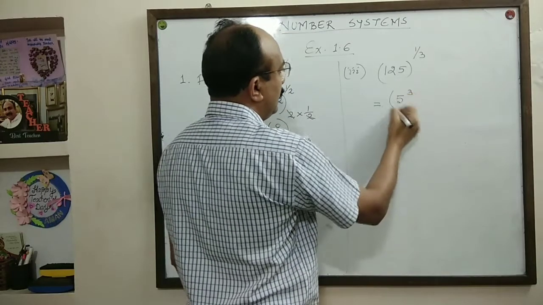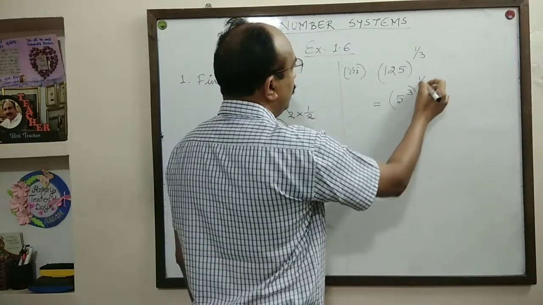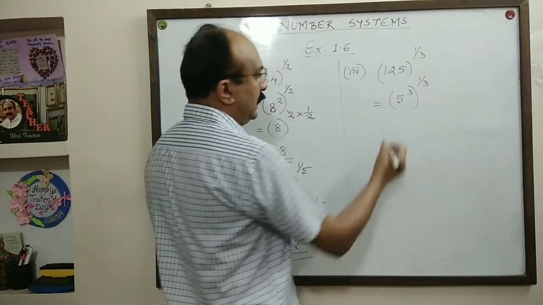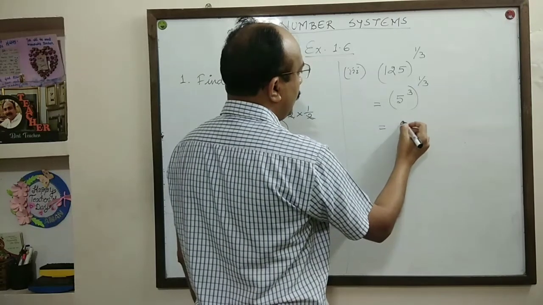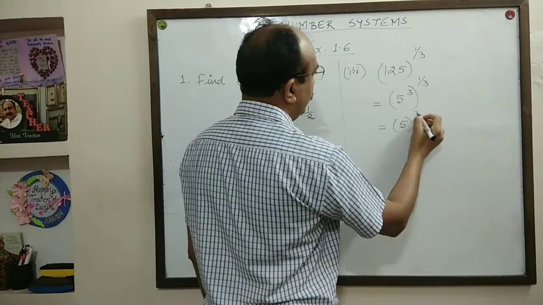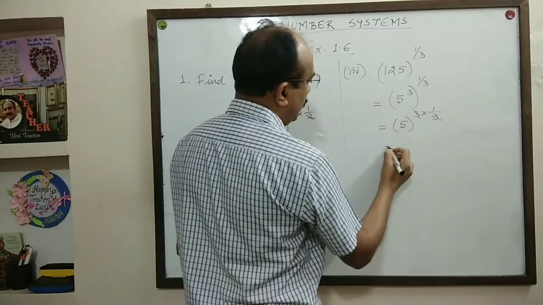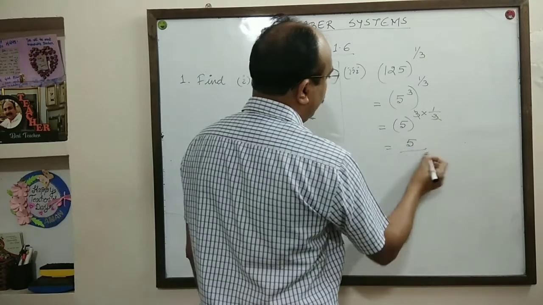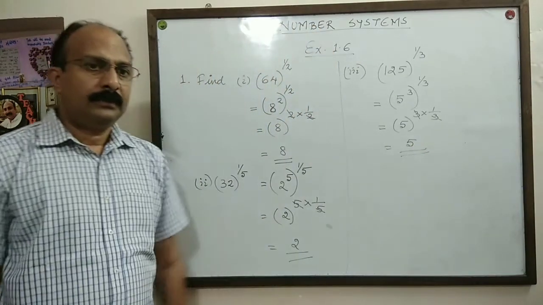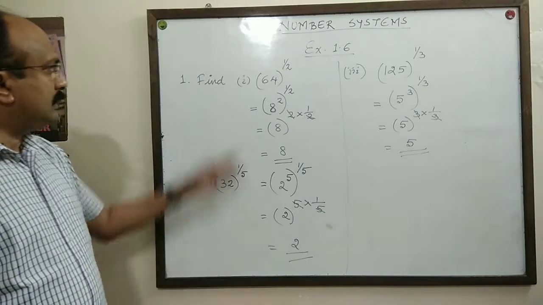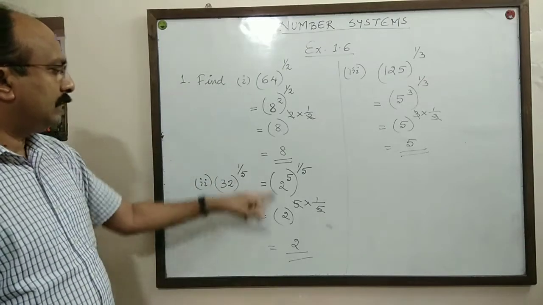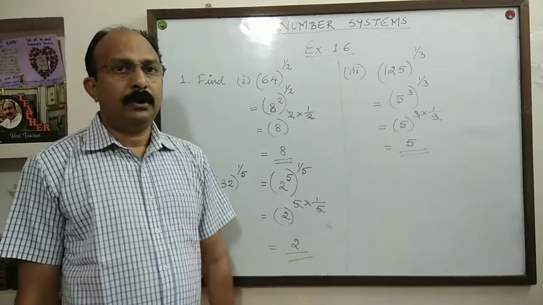So it is 5 power 3, the whole power 1 upon 3, which is equal to 5 power 3 into 1 upon 3. 3 and 3 got cancelled. Answer 5. So these are the 3 questions of question number 1. I hope all of you got it.